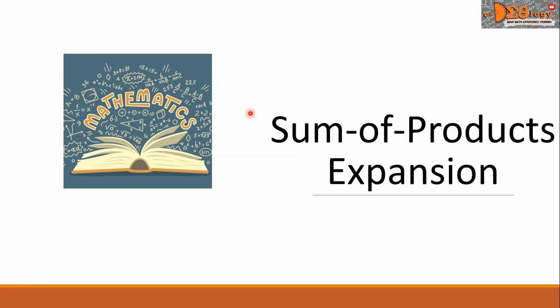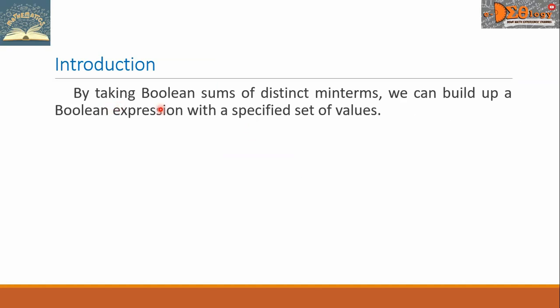Hi everyone. Today we're going to study sum of products expansion. By taking Boolean sums of distinct min terms, we can build up a Boolean expression with a specified set of values.